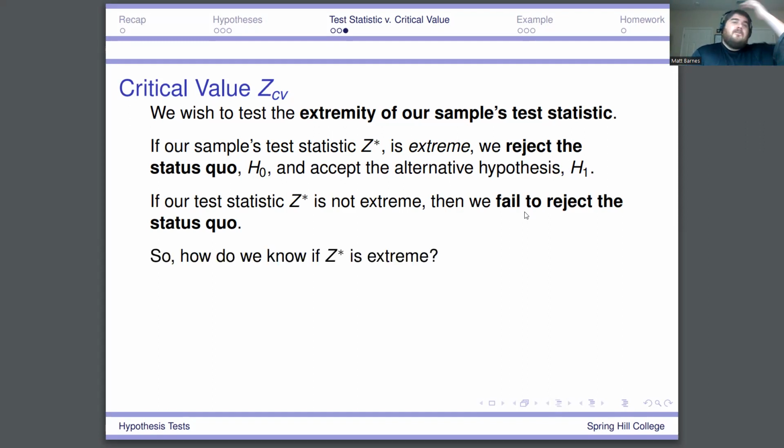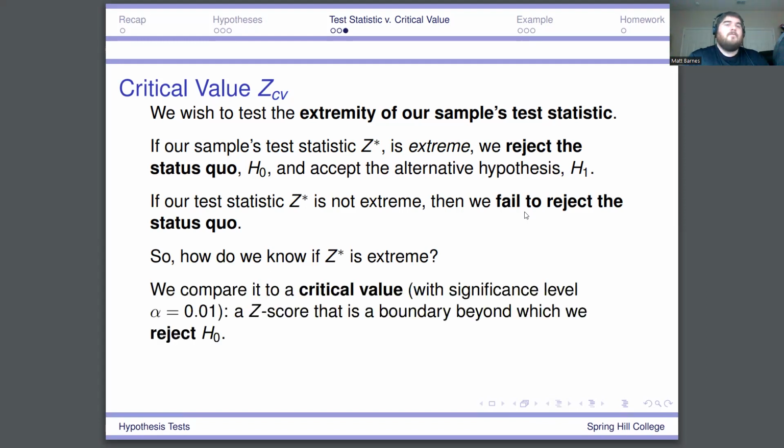So how do we know if our Z star, our test statistic, is extreme? What we're going to do is compare it to a critical value. And for those of you who have actually taken stats before, you may recognize a lot of this stuff we've done so far, and you would know that there are ways to figure out exactly what that critical value is and exactly how we would compare it. And so we'd have a p-value and a test conclusion.